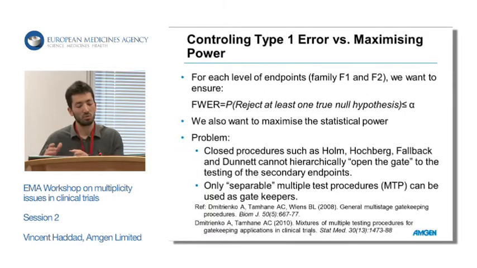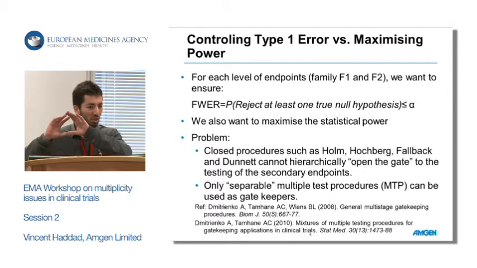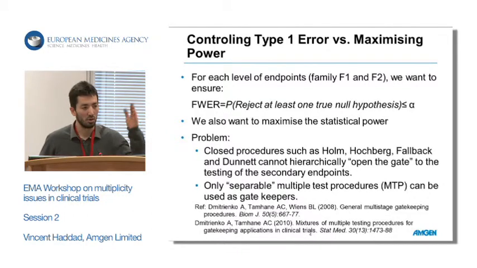They also demonstrate that in serial gatekeeping, where you must reject all hypotheses before you can go down to the secondary endpoint. And in the latter publication in 2010, they also apply that to a logical restriction, and they proposed a solution, a mixture of procedures. I will explain that. Next slide.